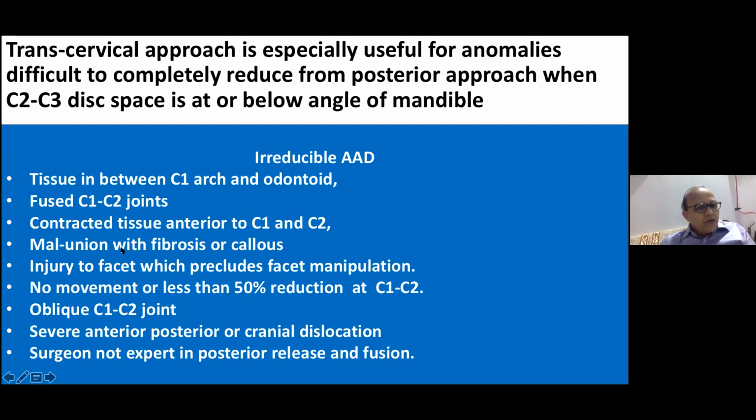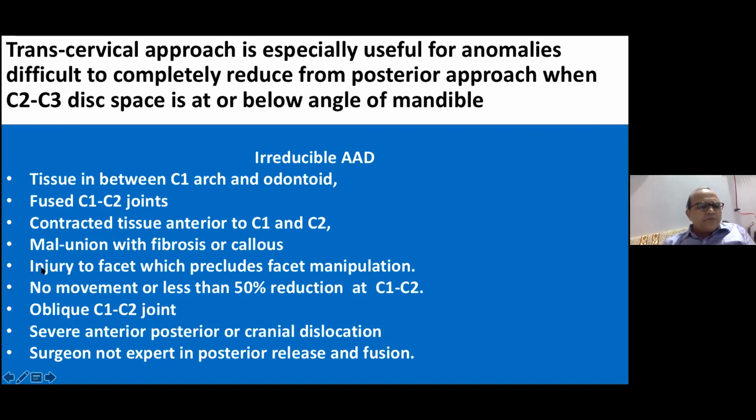There may be malunion with fibrosis or callus formation that also prevents reduction, and at times there is an injury of the facet joint. If there is an injury to the facet joint, you cannot manipulate the facet joint. So anterior decompression is required in that case.